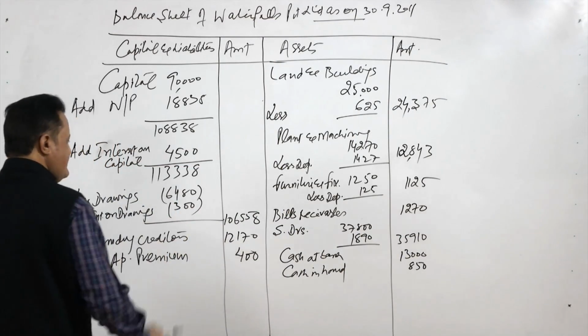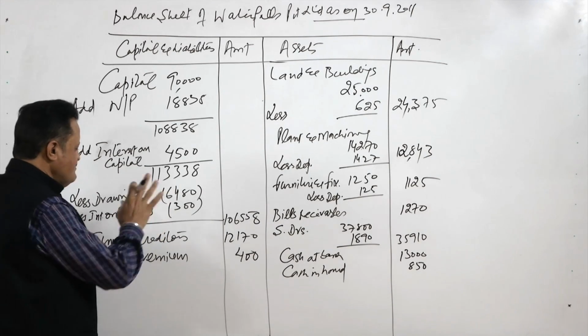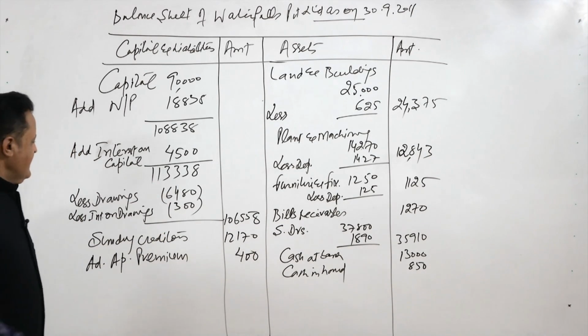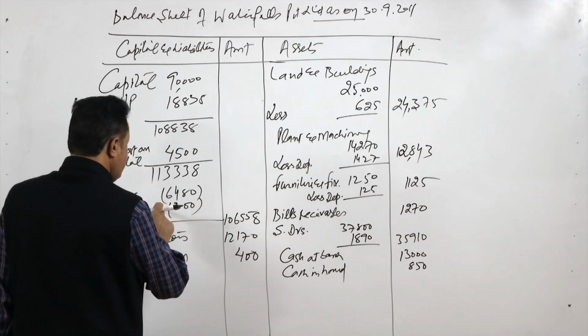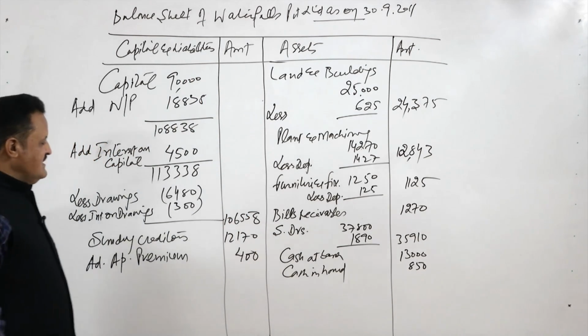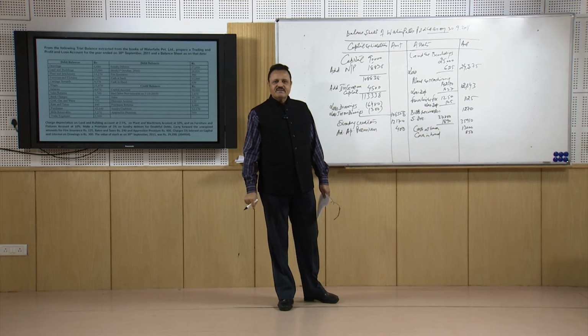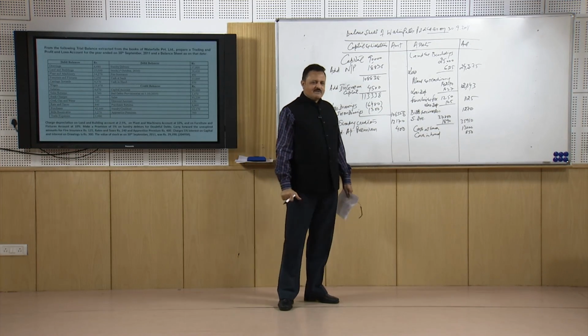We are adding it in the total amount of drawings. So the total amount of drawings becomes 6780, and this total is subtracted from the capital. So finally we are left with the balance of 106,558, which is the balance of the capital.